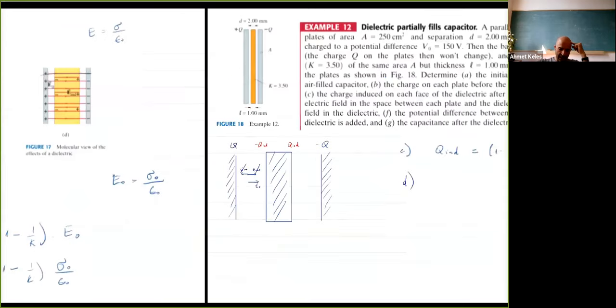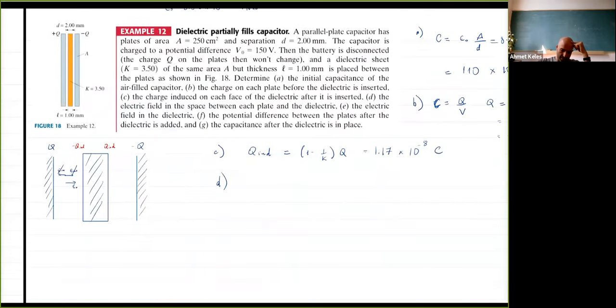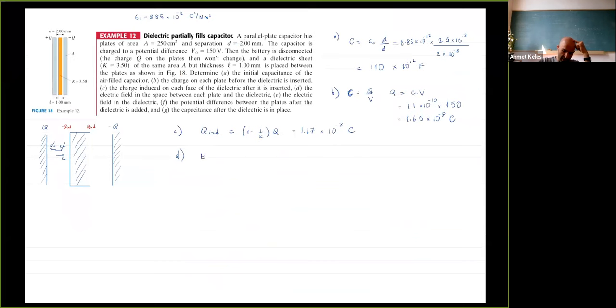So inside, the electric field doesn't change. So E is equal to E0, does not change. And we can calculate this.